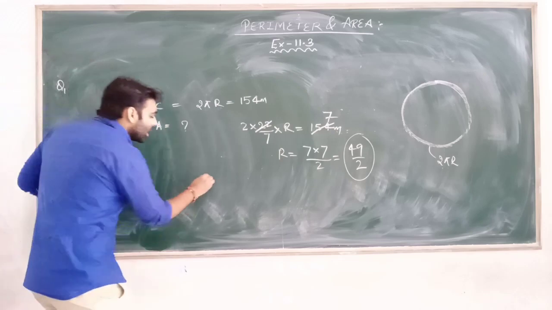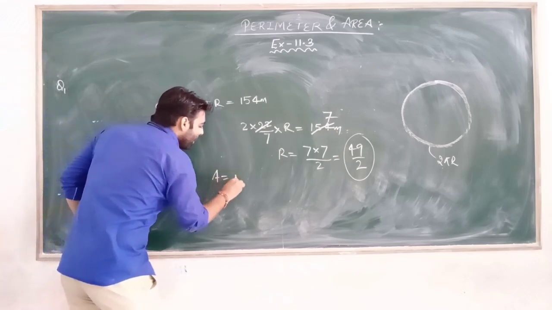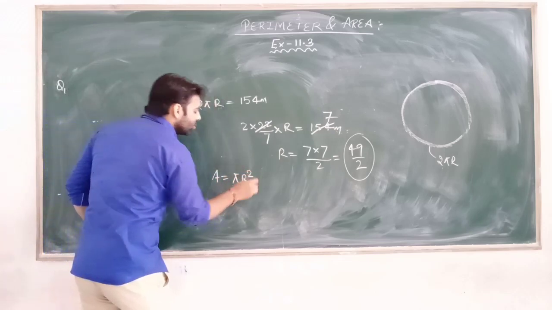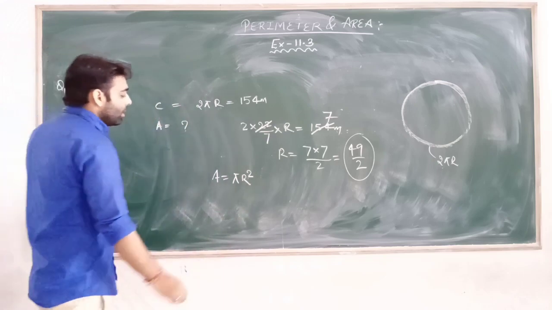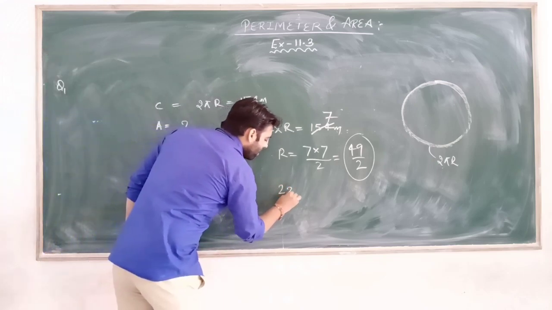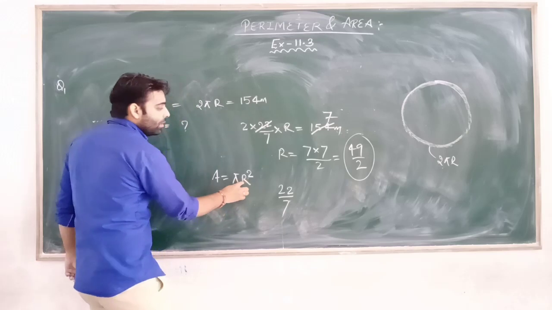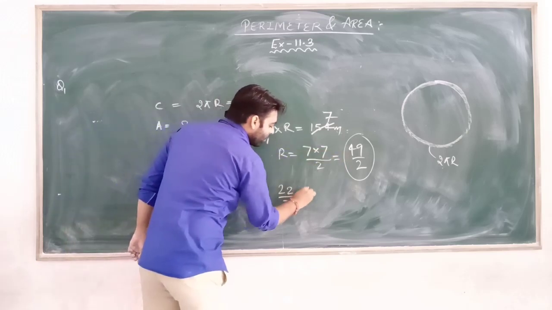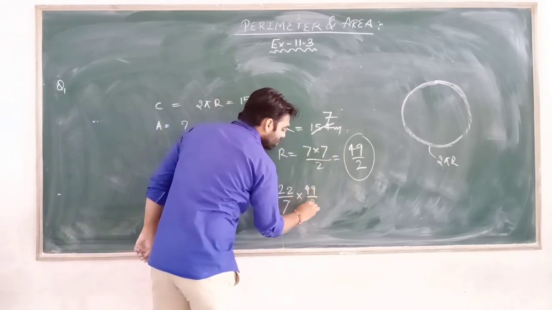The area of the circle is equal to pi r square. Pi means 22 upon 7, and the value of r is 49 upon 2.